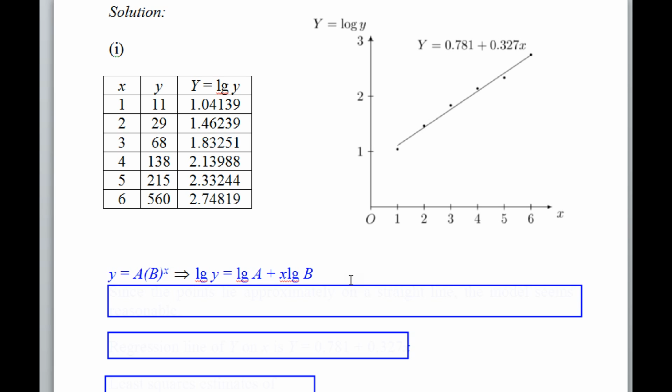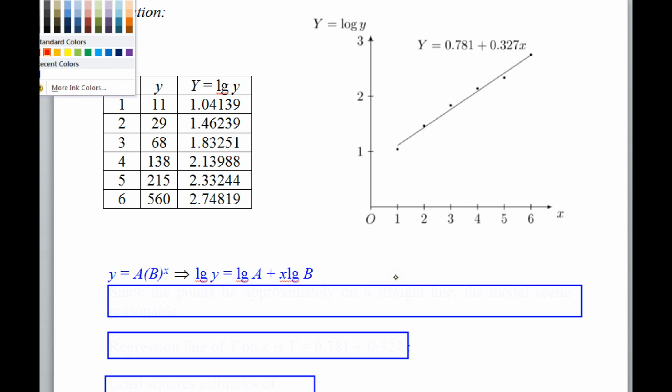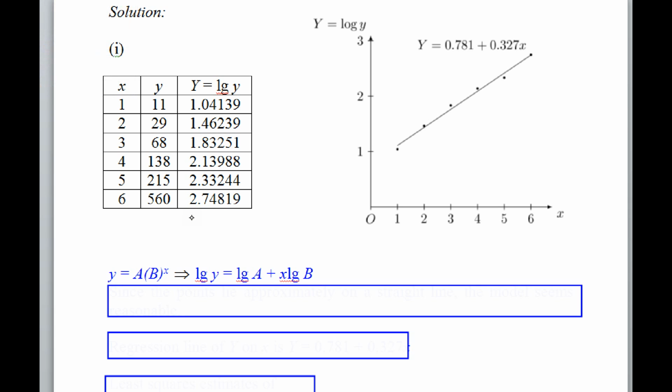So this is the form. I don't know whether you recall your O levels. This is of the form big Y equals C plus M big X. Correct? Y equals mx plus c.